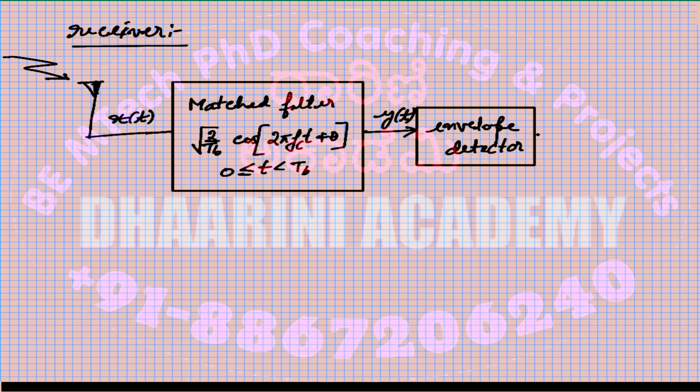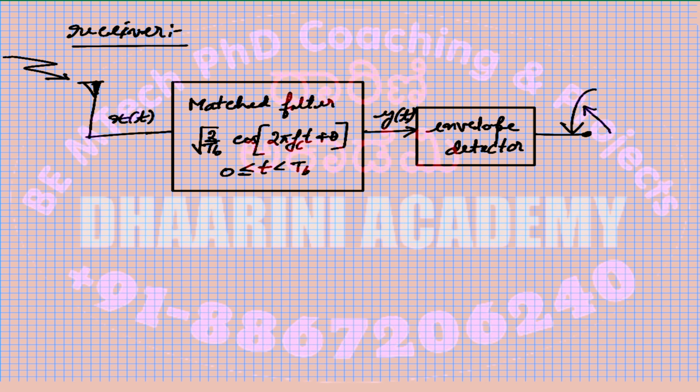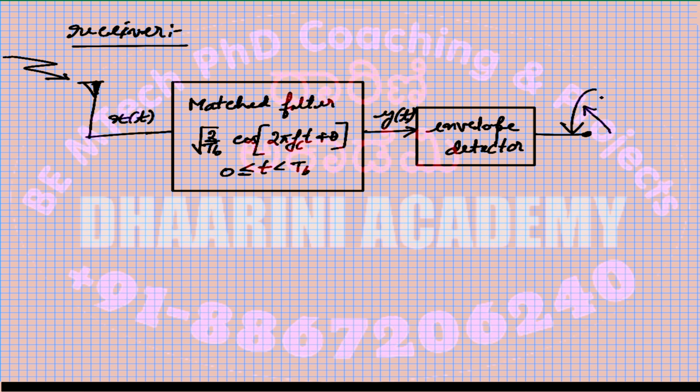Once it passes through this, it comes out and will be sampled. So we have to sample. This sampler circuit will sample the signal at every instant t equal to TB.